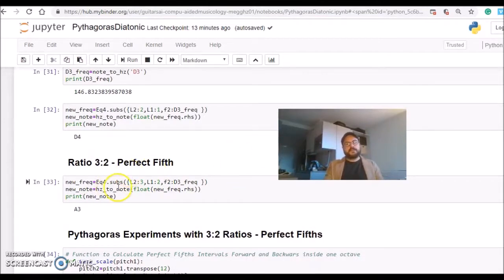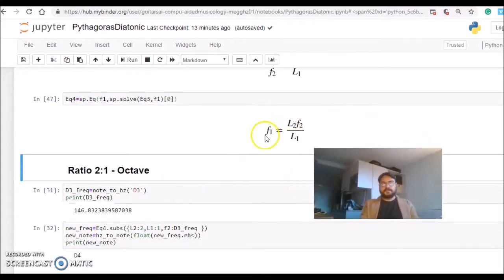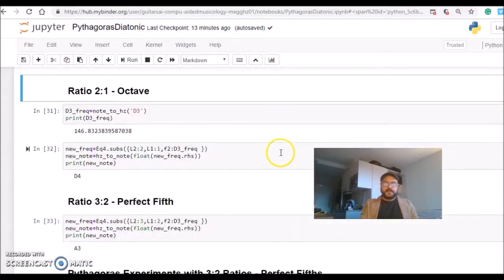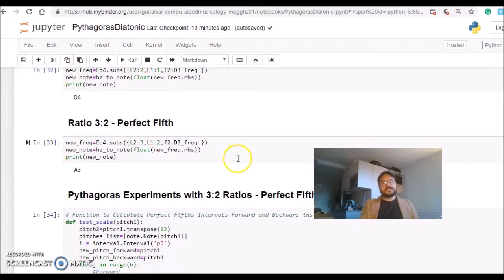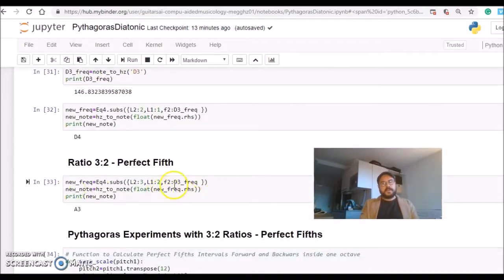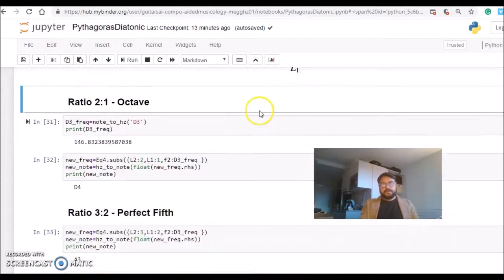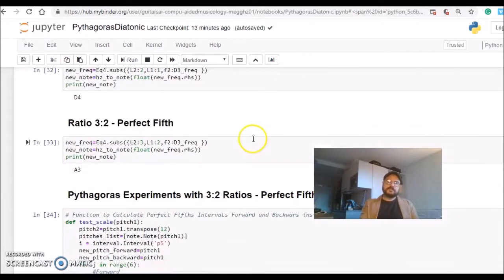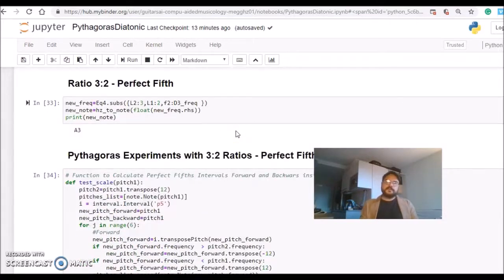So again, if we substitute into this equation and we put a ratio of 3 by 2, we started with a D3, and we calculate according to this equation, the ratio of 3 by 2 will give an A3, which is the perfect fifth of D.